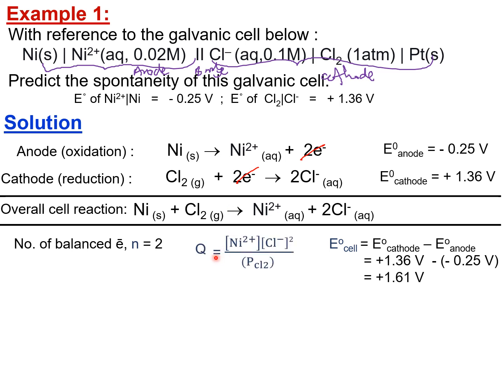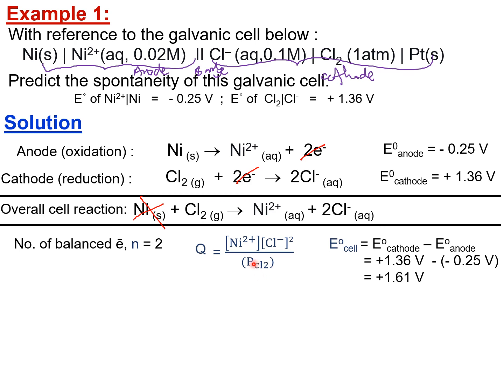How about the Q? As usual, we will cancel out the species in pure solid or pure liquid phase. As you can see here, Cl minus is in the aqueous phase, so it's going to be concentration. This one is also going to be concentration. For the reactant side, since this is a gas, it's going to be the partial pressure of Cl2.